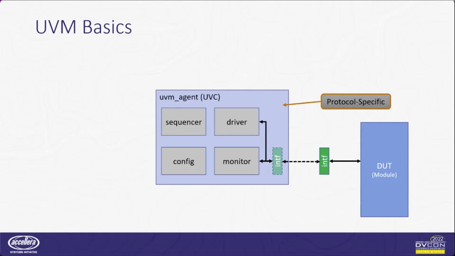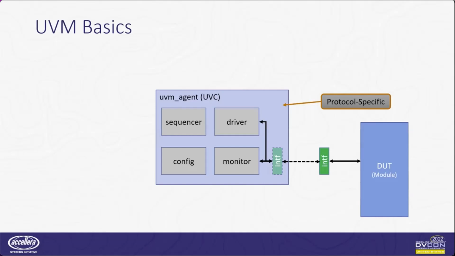A System Verilog interface is essentially a group of signals. It can also include methods that you might call, but it's basically a group of signals that connect to the DUT. And in the class-based side of things, we have what's called a virtual interface, which is essentially a pointer to the interface that's connected to the DUT.